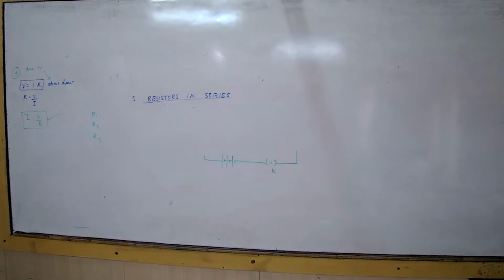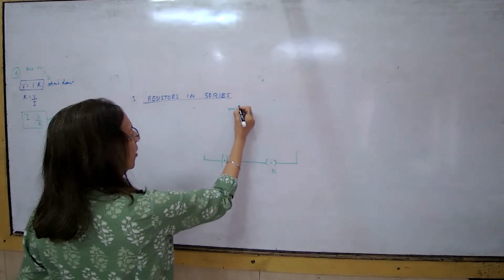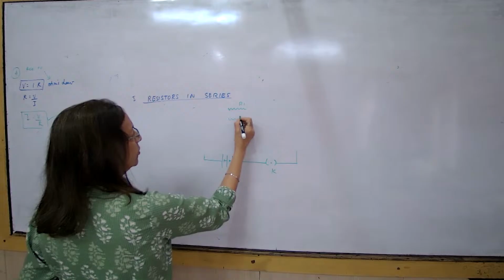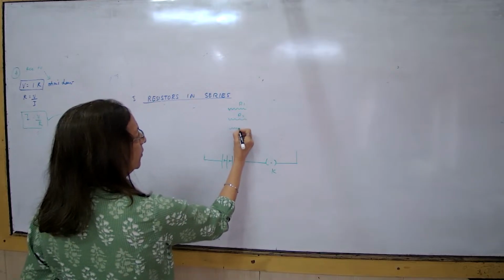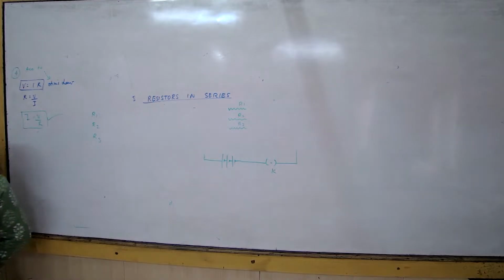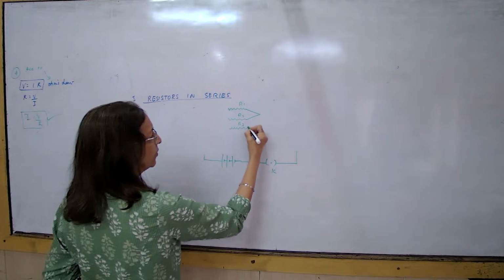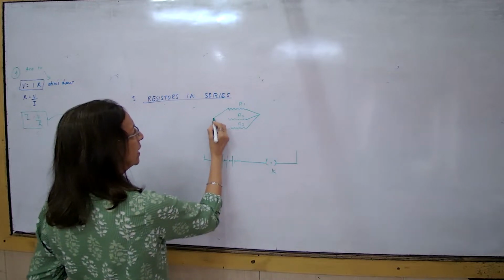Suppose we have got 3 of them. How will that connect? I have R1, I have R2, and I have R3. And this is the way we are going to connect them in parallel. That means it's not end to end, but one end of each of them is connected like that.